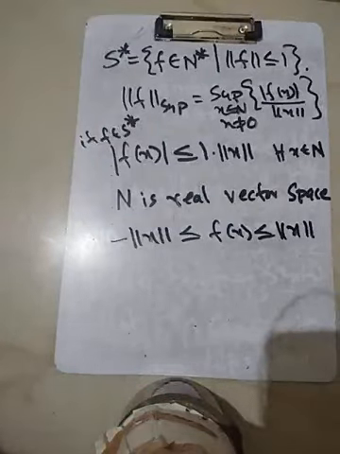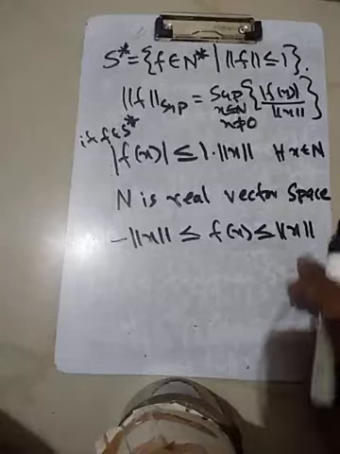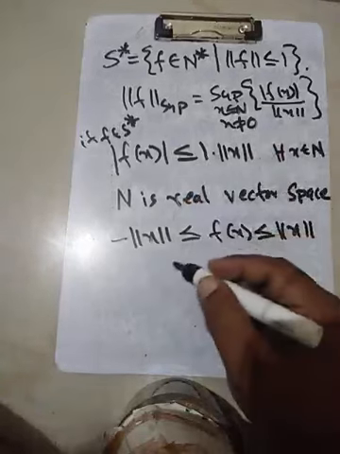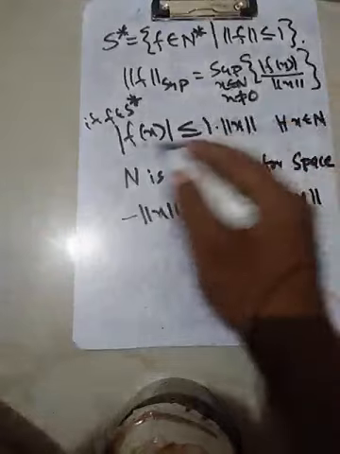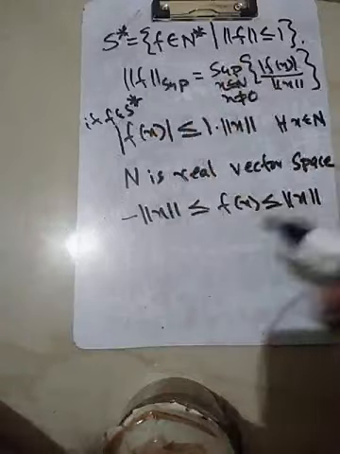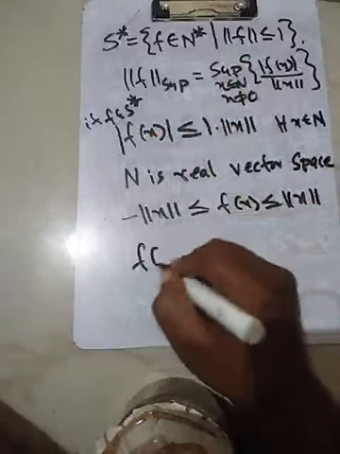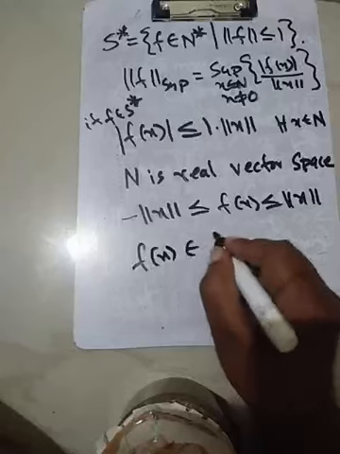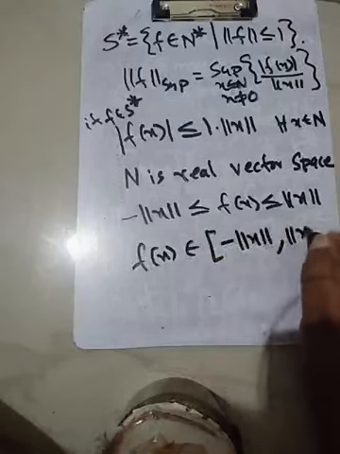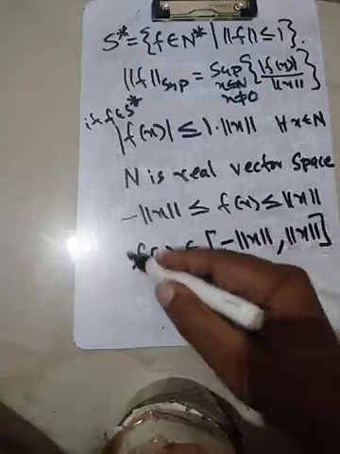This is what we have, in case N is a real vector space. This is true for all x, so any particular x you take, if f is in S star, this is satisfied. So f of x belongs to what interval? It belongs to the closed interval minus norm of x comma norm of x.